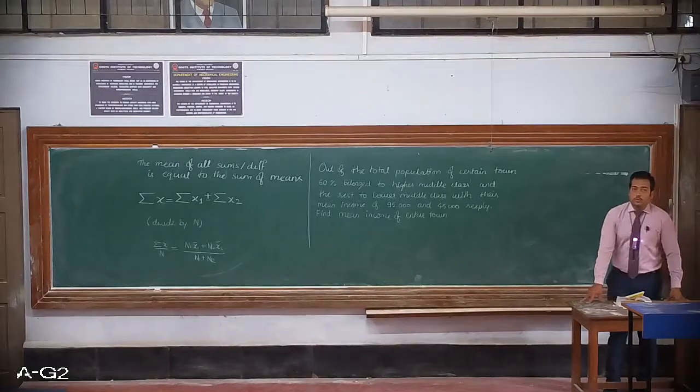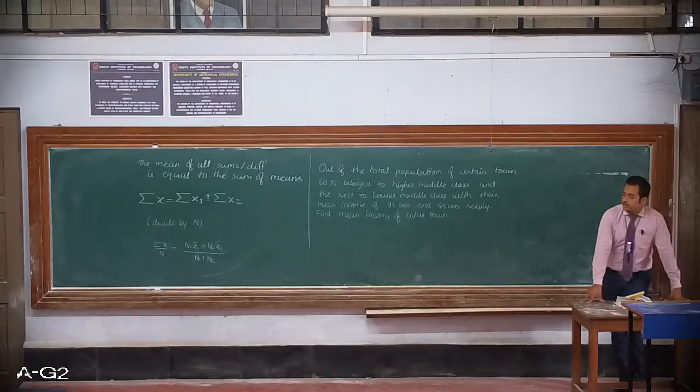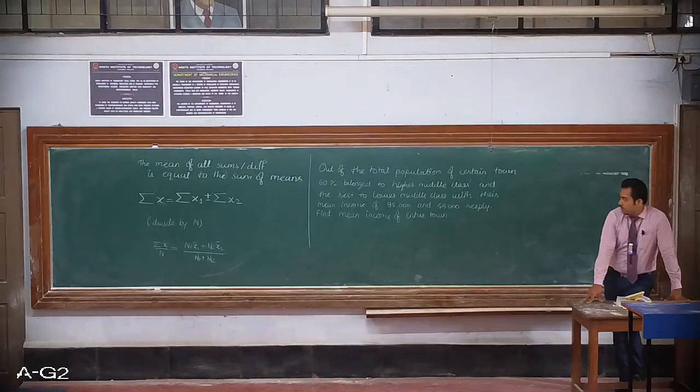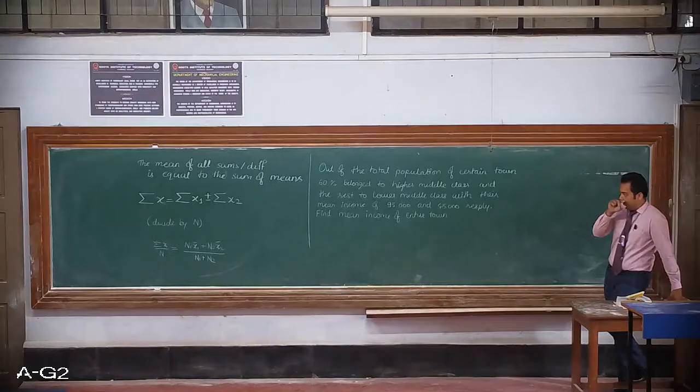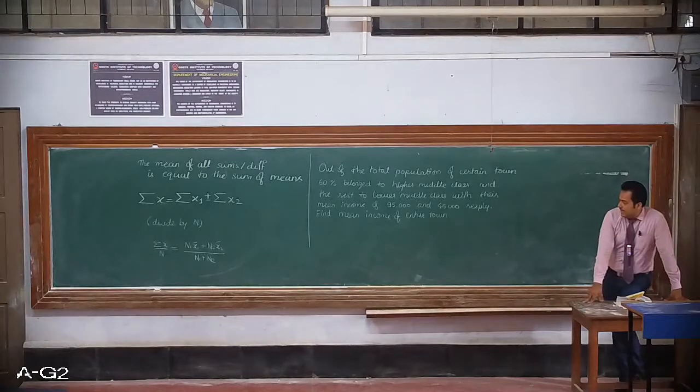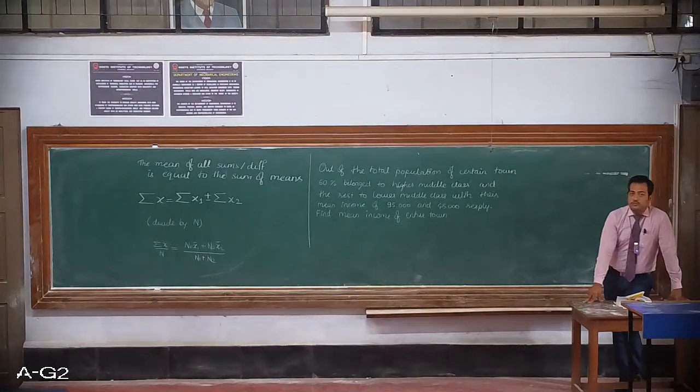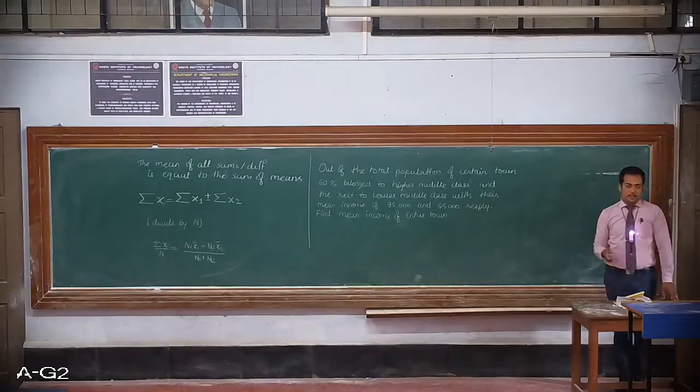Out of the total population in one particular town, 60% of the population belonged to the higher middle class, and the rest belong to the lower middle class. Their mean income is 95,000 per month for the higher middle class and 45,000 for the lower middle class. We have to find the mean income of the entire town.